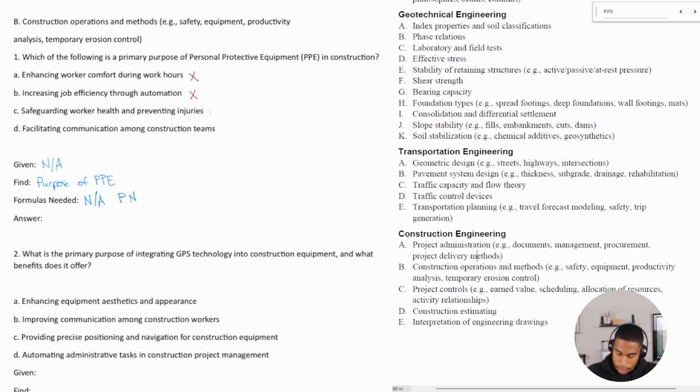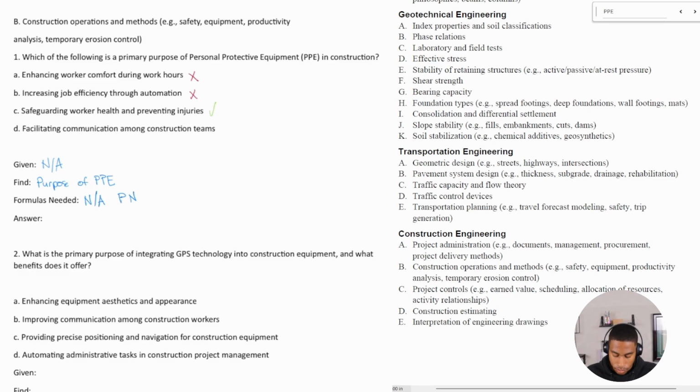Yes, you may have to put on certain types of hooks, for example, if you're working high up as a construction worker, you may have to latch on to something. It may include that you wear a hard hat or safety goggles because a bunch of dust and dirt gets on the construction site, and you don't want to be out there and can't see and get hurt on the job site.